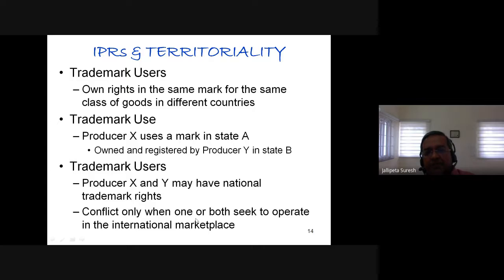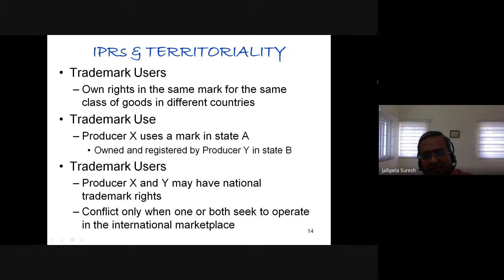And then you give a name to that product or service. And then you start selling it in that name, or you start providing services in that particular name. When you start doing it, you will go and register that name as your trademark in relation to the goods that you propose to sell.